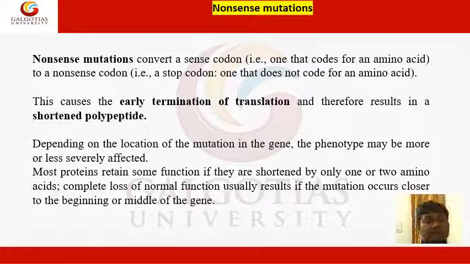Depending on the location of the mutation in the gene, the phenotype may be more or less severely affected. Most proteins retain some function if they are shortened by only one or two amino acids.